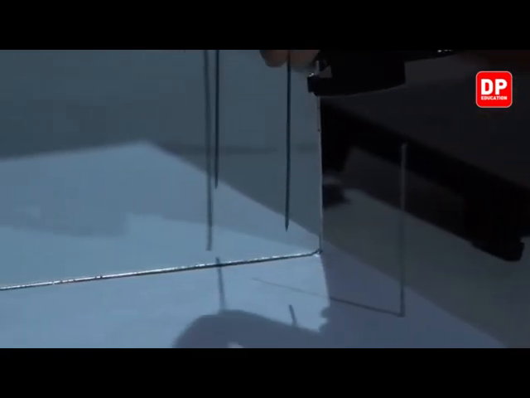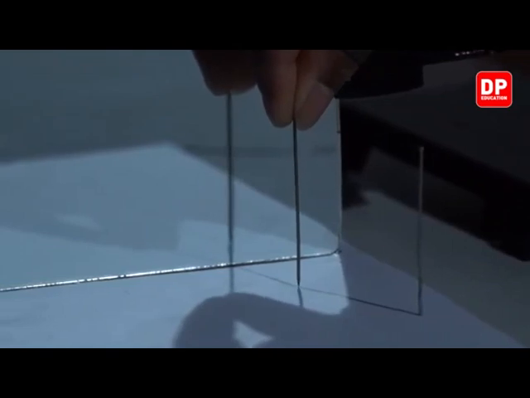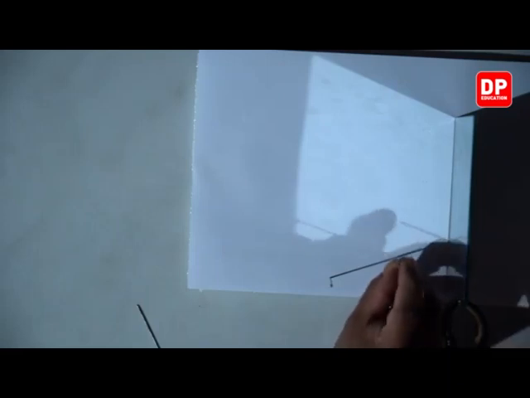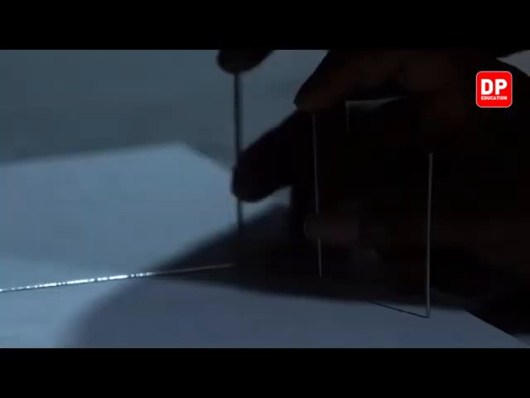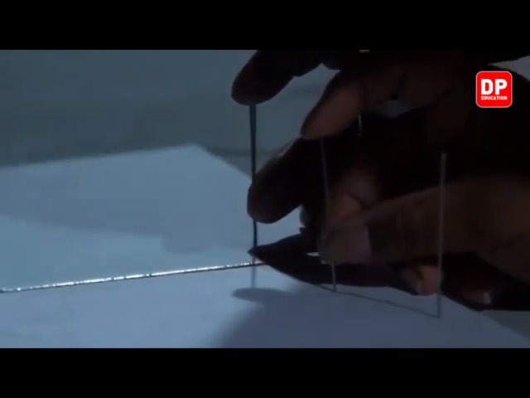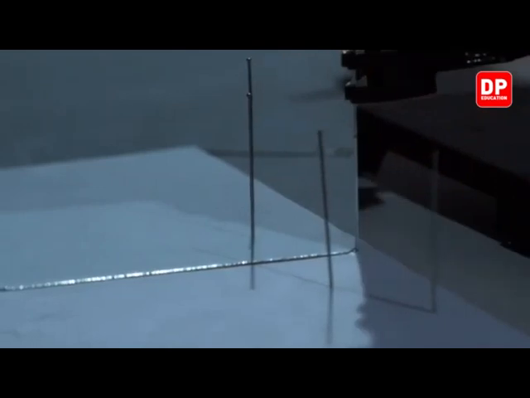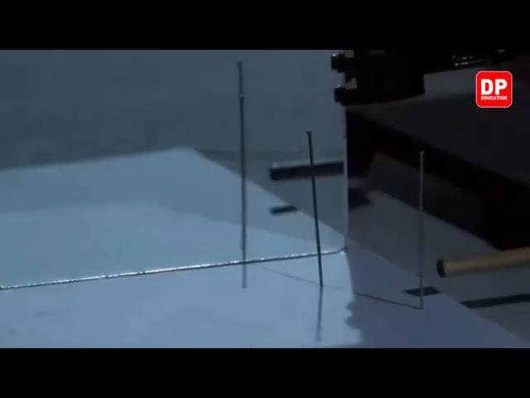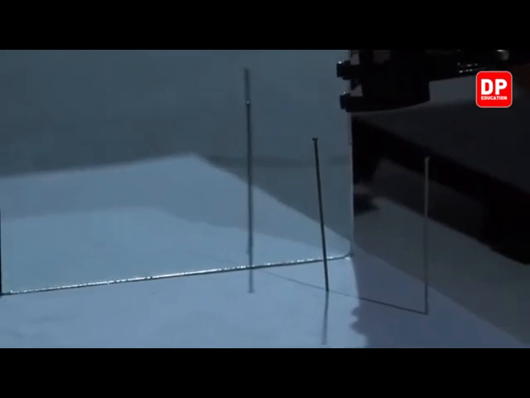So carefully, I'm going to insert another one. Here we go. Now, as you can see, this is the first pin and this is the second one. So this line is now a straight line.